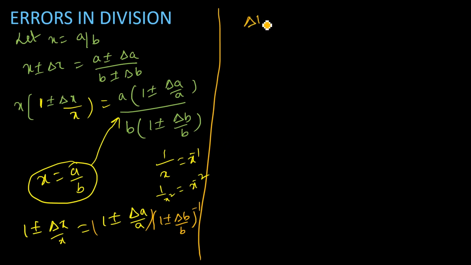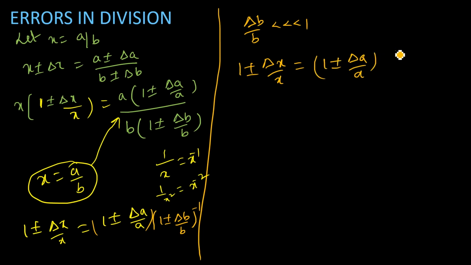As delta b by b is very small compared to 1, if you expand with the help of the binomial theorem, you will get the final value. 1 plus or minus delta x by x equals 1 plus or minus delta a by a, and so on, 1 plus or minus delta b by b.